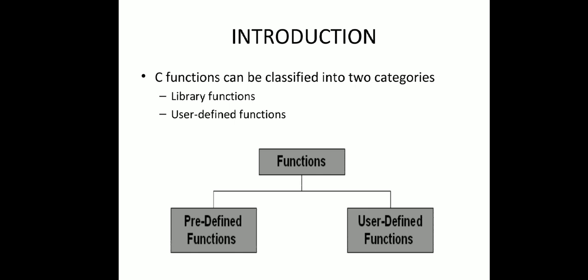They are available in packages, libraries. And the second category is user defined functions. As the name itself says, the user is going to define a function according to his requirement. So user defined functions are nothing but the functions which are created by the user.